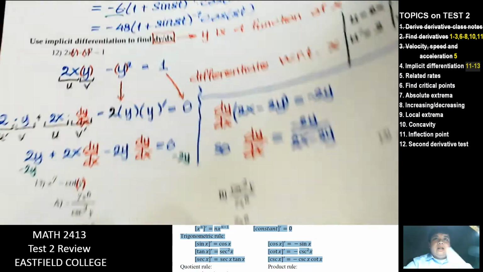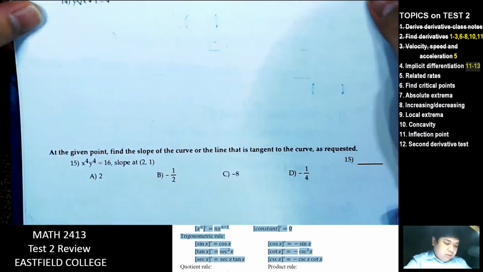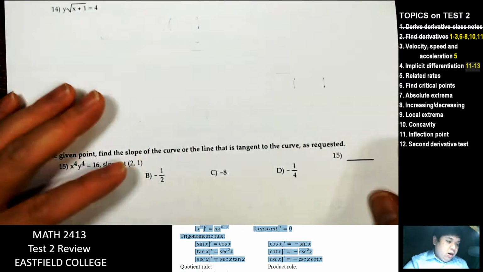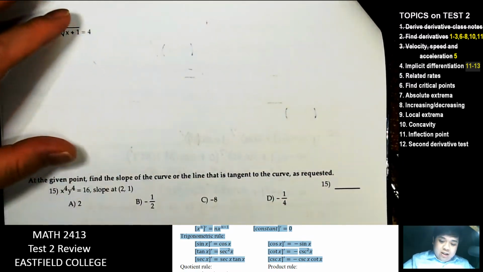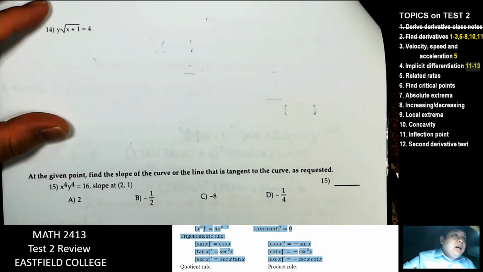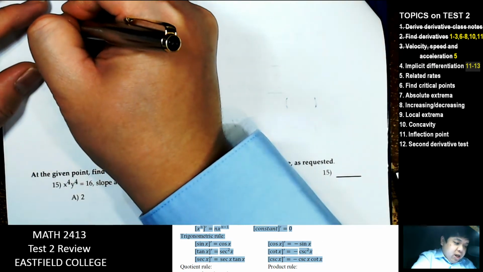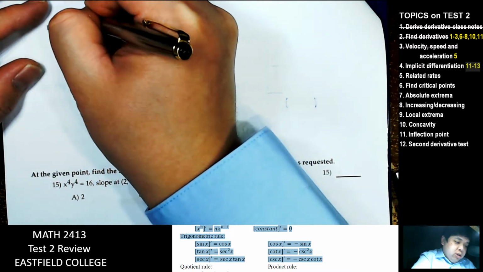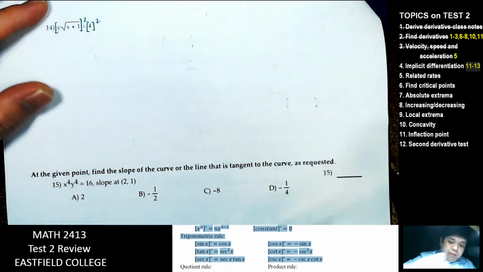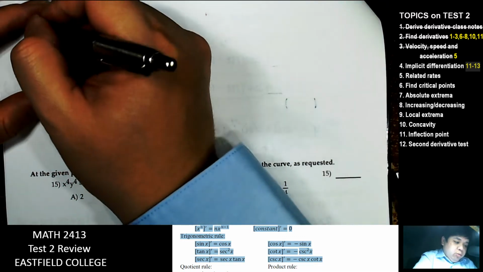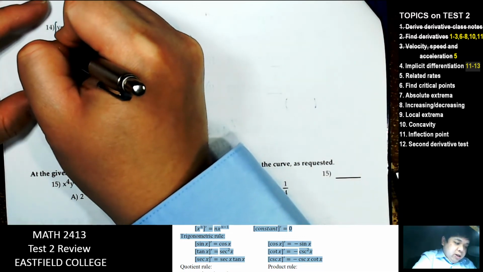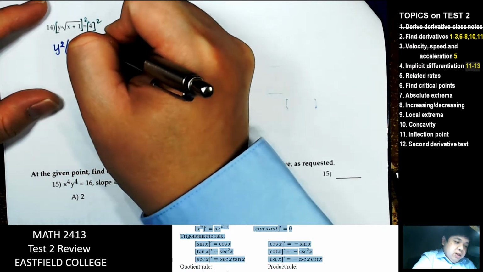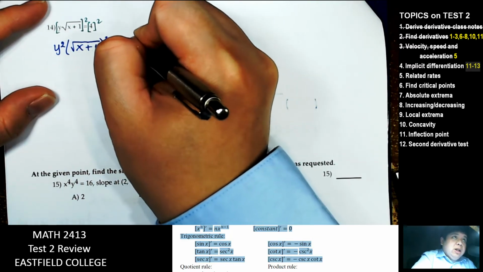Right, for that 13. We did something very similar to 14. I will not do this, but what I do instead, it would be better if we square both sides, and we will have y square, and then the square root equal to 16.